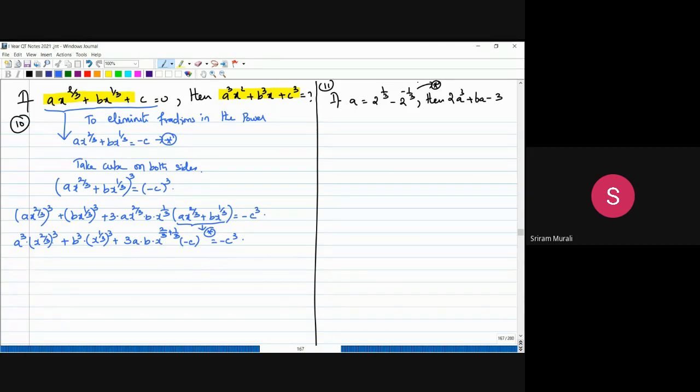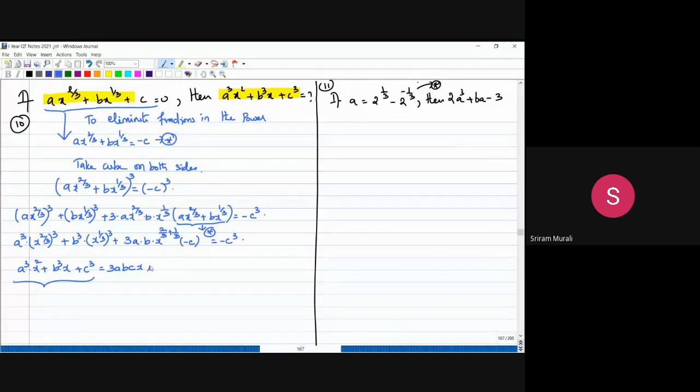So this is a cube x square, this is b cube x, and then plus c cube will come to the left hand side. That minus will go to that side. That is 3abc into x. So this is your question.